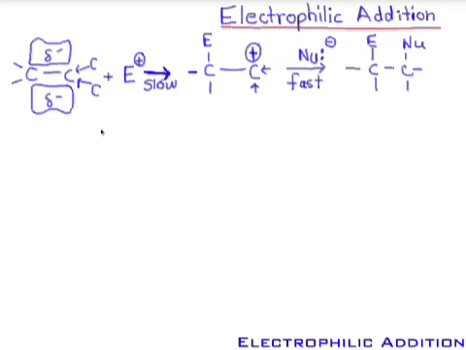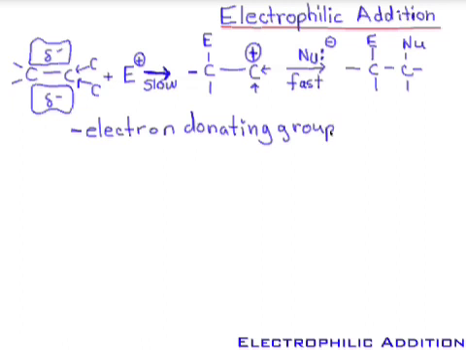So electron donating groups, if you like, on the alkene, electron donating groups speed up the reaction. Increase reactivity.